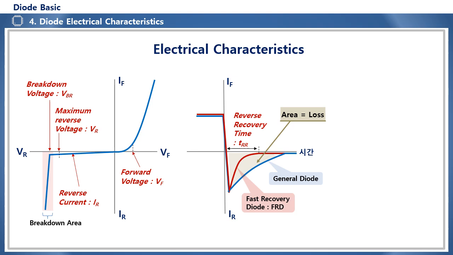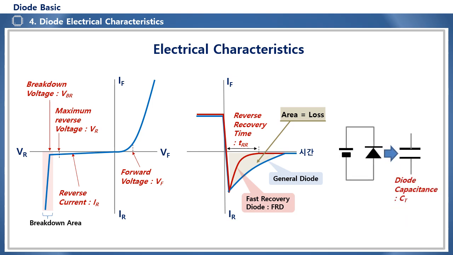Reverse recovery time is the time it takes for the diode to go from the on state to the completely off state. When the diode is on and then off, since the moving electrons cannot suddenly stop, a certain amount of reverse current will flow. The larger this value, the greater the loss. For applications that require high-speed switching, a fast recovery diode, or FRD, with a short reverse recovery time, TRR, is applied.